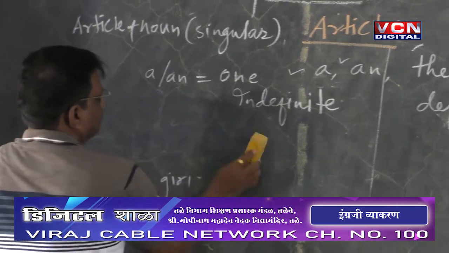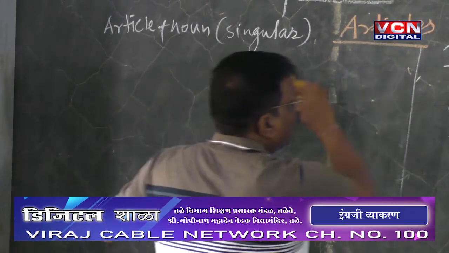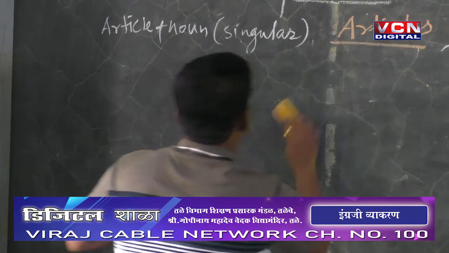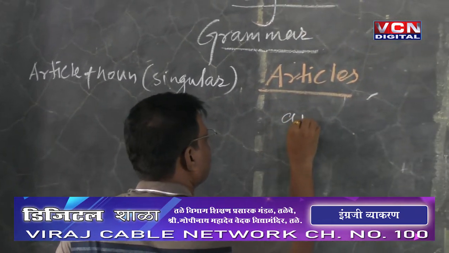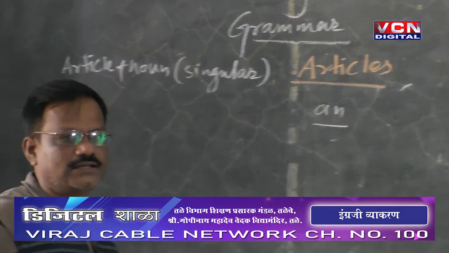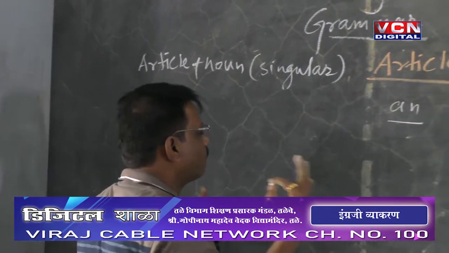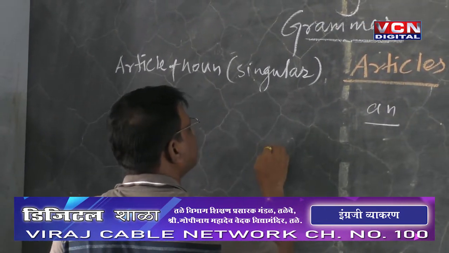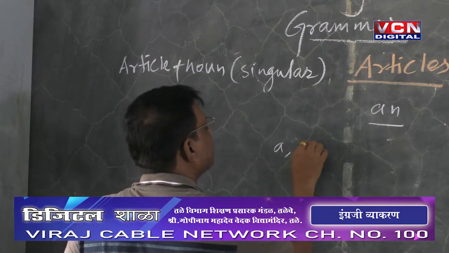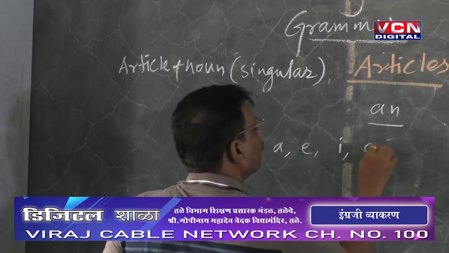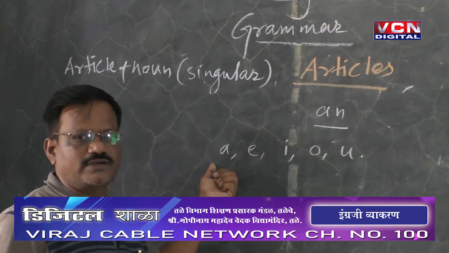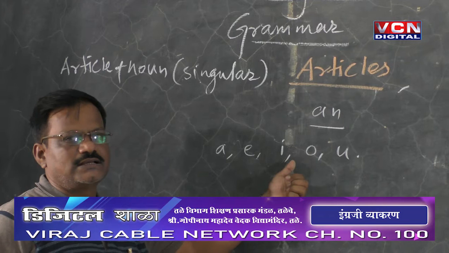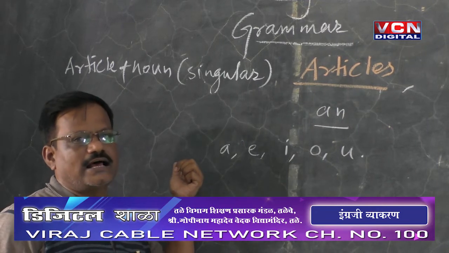Let's see how an is used. You must have learned so far that there are five vowels in English: A, E, I, O, U, and words beginning with these vowels take an as an article.